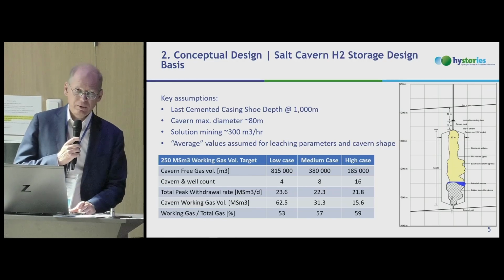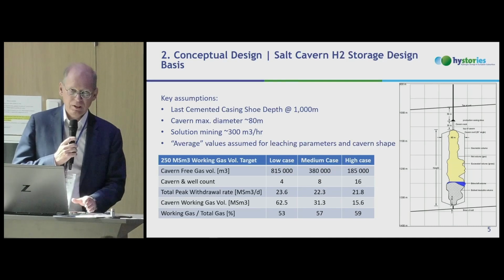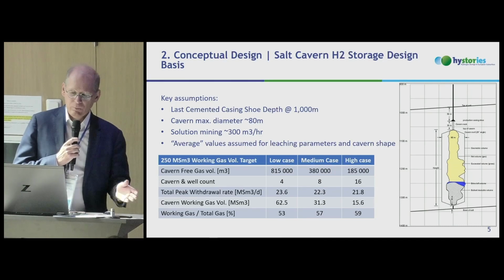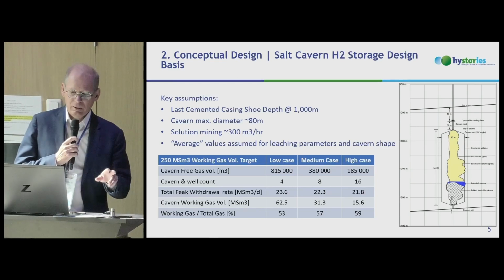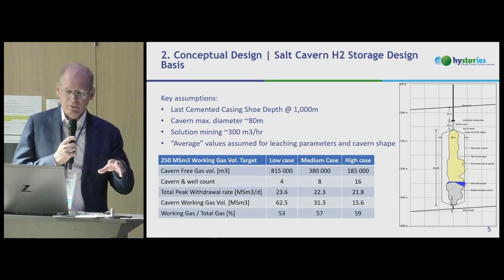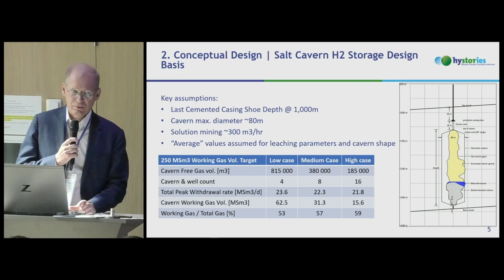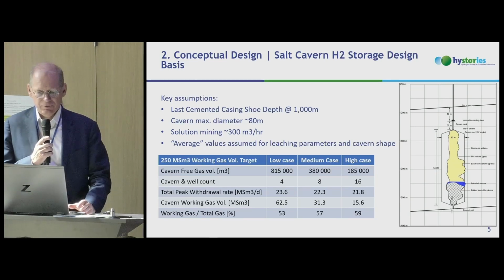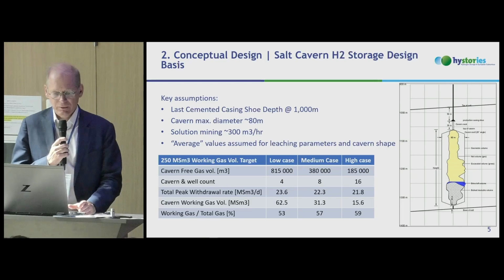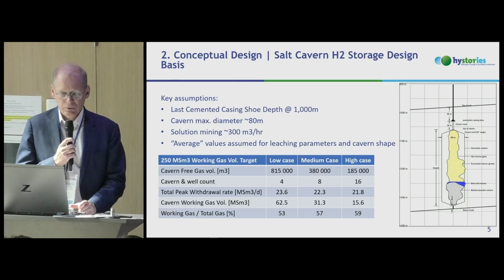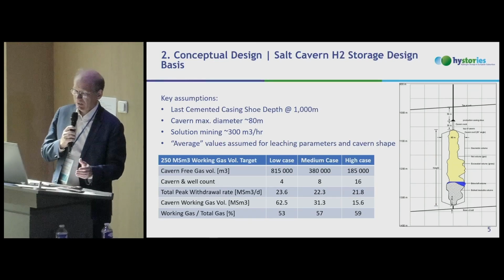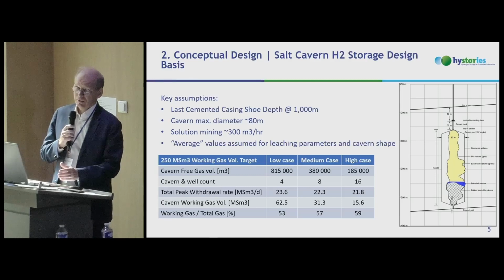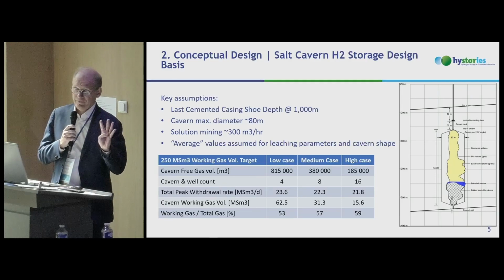We had 3 cases, one medium case, and then one low case and one high case. But all 3 cases were describing the same total working hydrogen gas, which was 250 million standard cubic meters as a working gas. But in the low case, for achieving this target, we had four caverns.